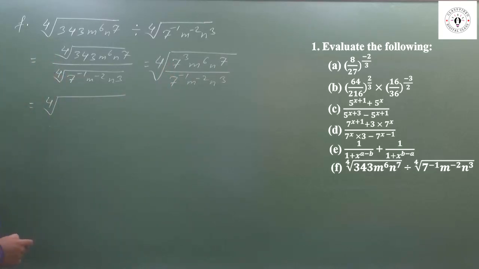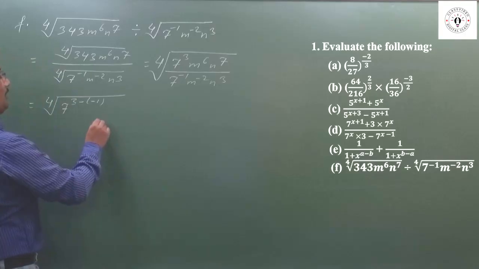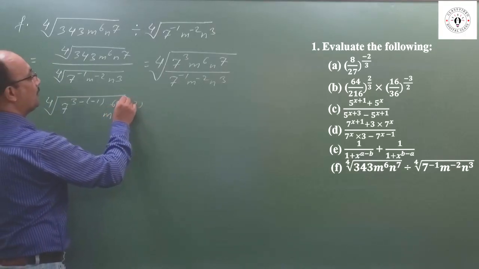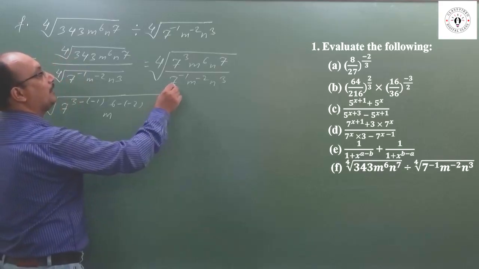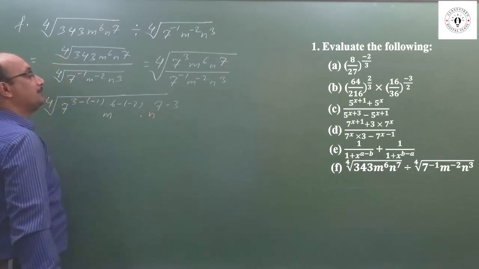So in division when bases are same, power is subtracted. So this becomes 7 to the power 3 minus 1. Here also same base, upon means divide. So power will be subtracted, m to the power 6 minus 2 and n to the power 7 minus 3.